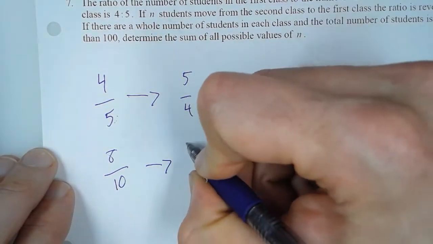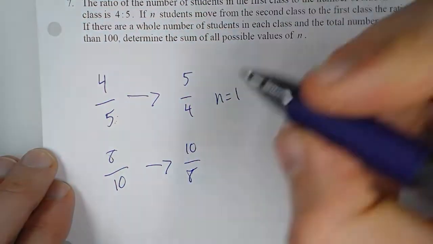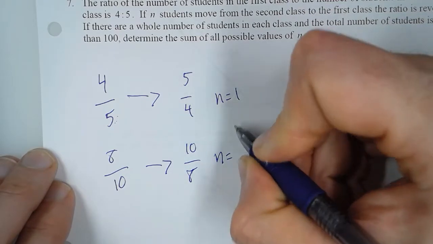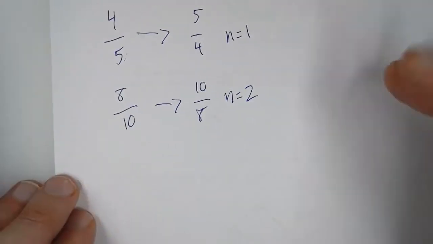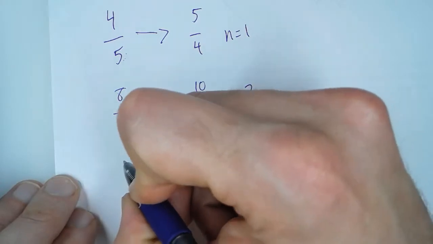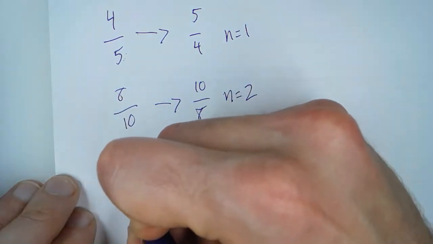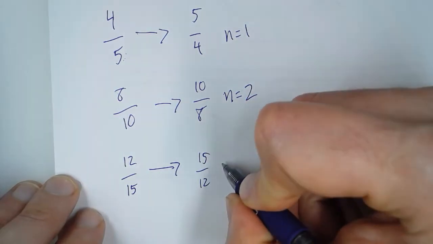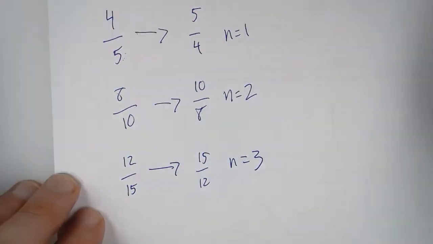Well, then the ratio would have to flip to 10 to 8. And how many students would have to move then? N equals 2. If I do this again, and now it's 12 and 15, if I want to flip the ratio and make it 15 to 12, that means 3 have to move.